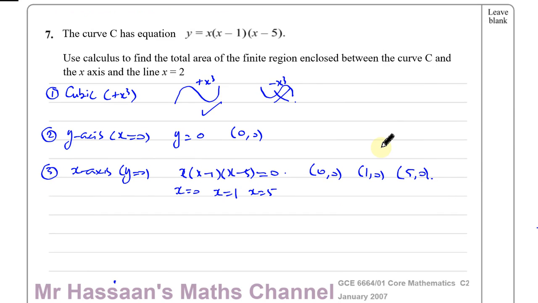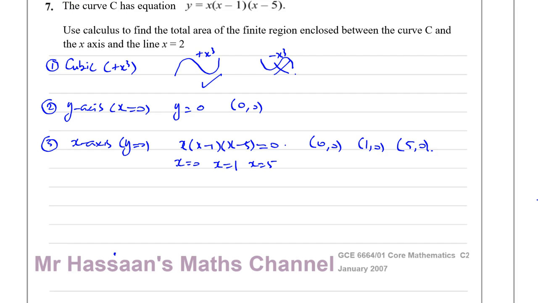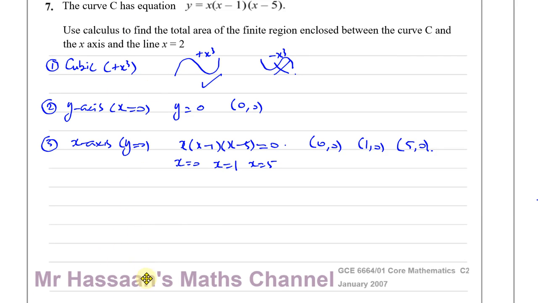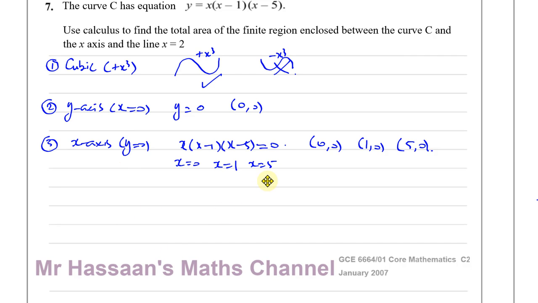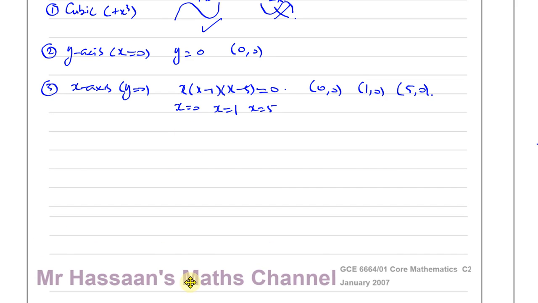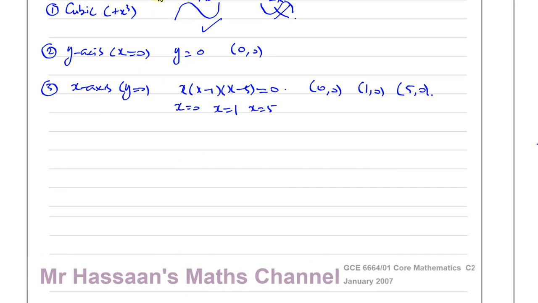If we sketch a curve such as this, then we know it's got this type of shape. So first I'm going to draw that shape. I'm not going to draw the axes first.